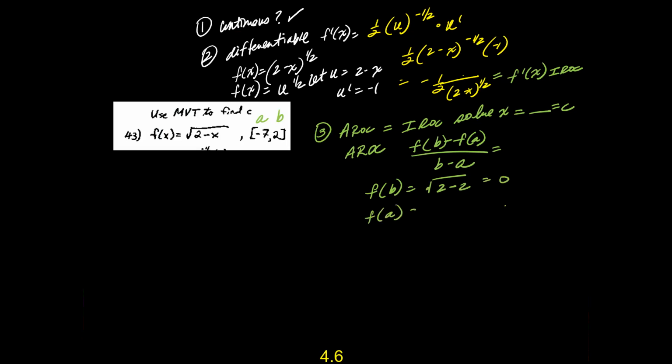Then f of a is going to be the square root of 2 minus -7, or a positive 7, plus 2 equals 9, which is then 3. So then f of b minus f of a is 0 minus 3 over b minus a, which is 2 minus -7, which is a -3 over a positive 9, which is -1 over 3.